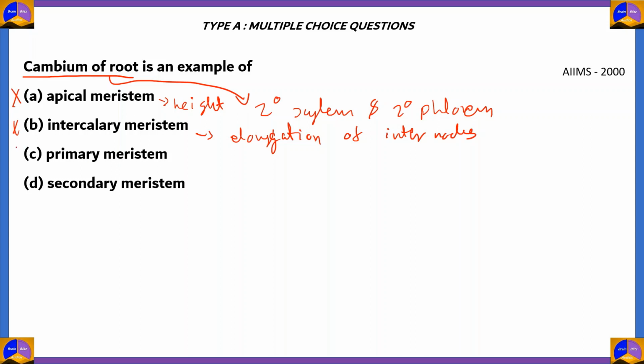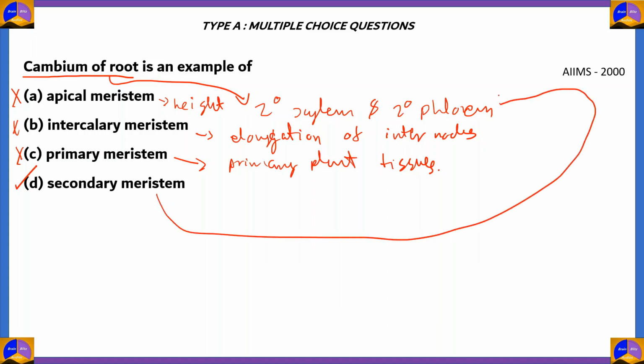And option C, primary meristem, is incorrect because primary meristem forms primary plant tissue. Therefore, the right answer is option D, secondary meristem. Secondary meristem forms secondary plant tissues such as secondary xylem and secondary phloem, whether they be in roots or stems.